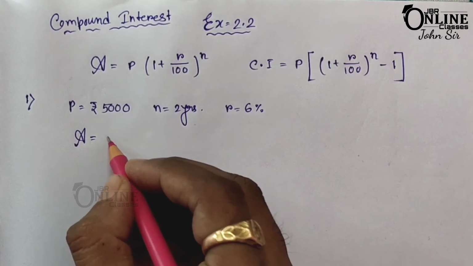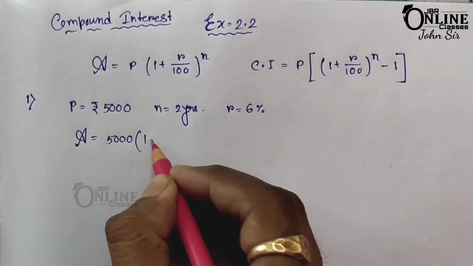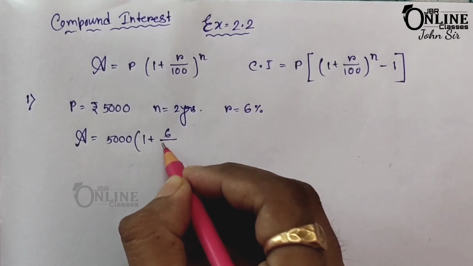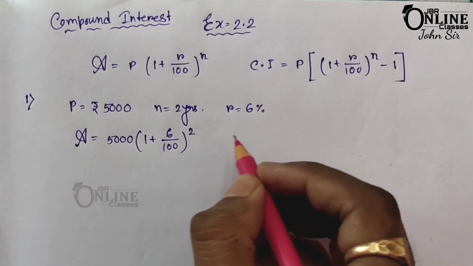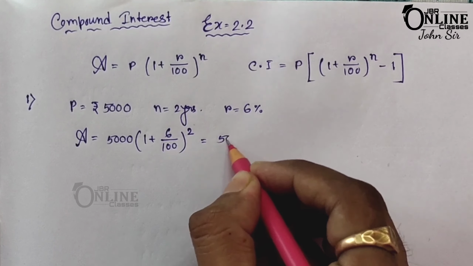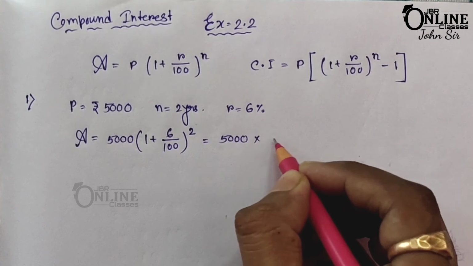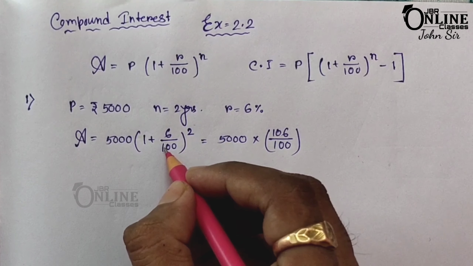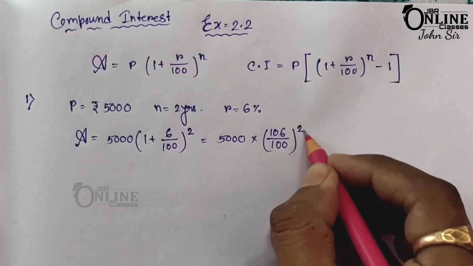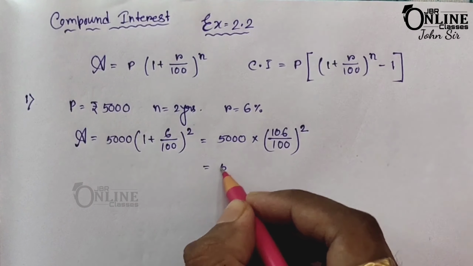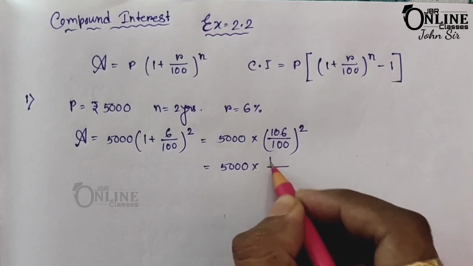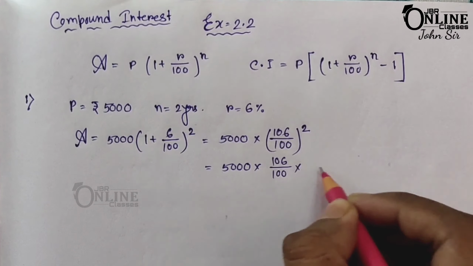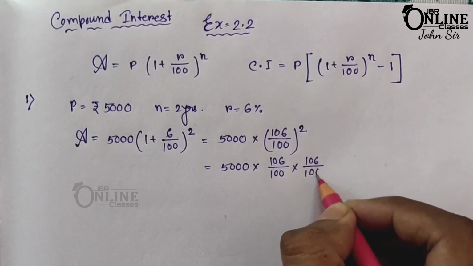Okay, so here amount equals principal into (1 plus r, that means 6 by 100) whole to the power 2. So it becomes 5,000 into 106 by 100, as here 100 is the LCM, so 100 plus 6, so 106 by 100. So 5,000 into 106 by 100, again 106 by 100.